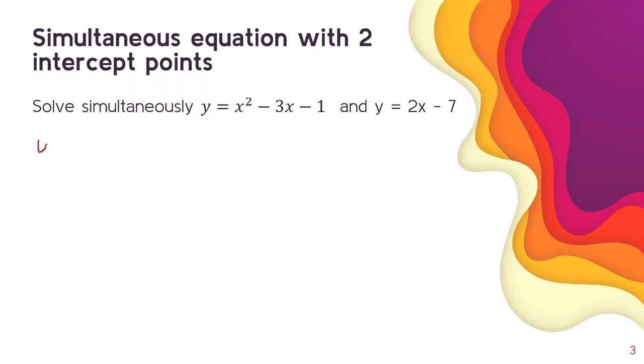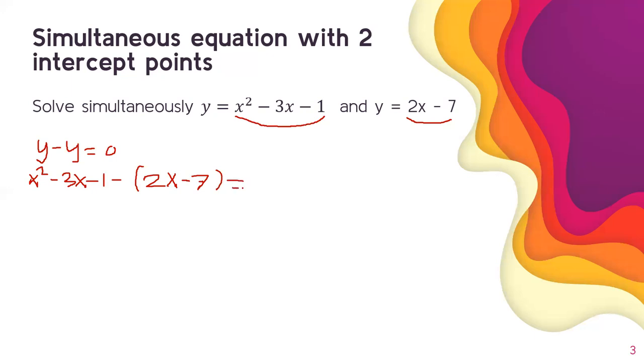Okay, if I write y minus y equals 0, the implication is that these expressions we could write as x squared minus 3x minus 1 minus (2x minus 7) equals 0, because this y and this y are the same.